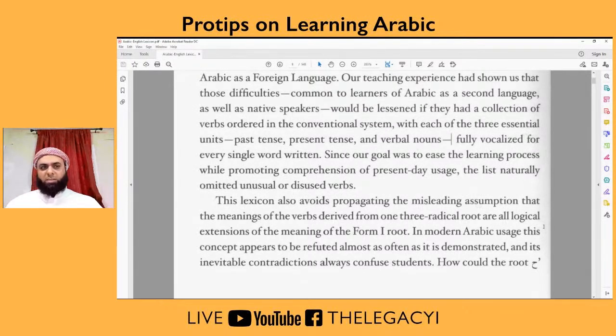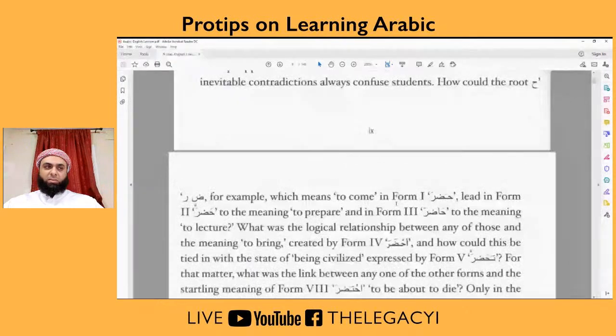Sometimes you can, just from your knowledge of the forms and the patterns, if you know the meaning of the primary root or the primary verb that comes from that root, you can figure out the meanings of the rest of the verbs or many of them. But that's not always the case. And so for that reason, they've made this dictionary and they've attempted to give you a brief English definition of each of the verbs.